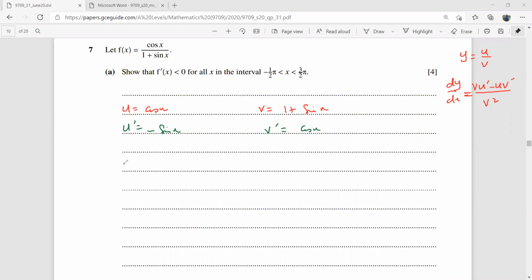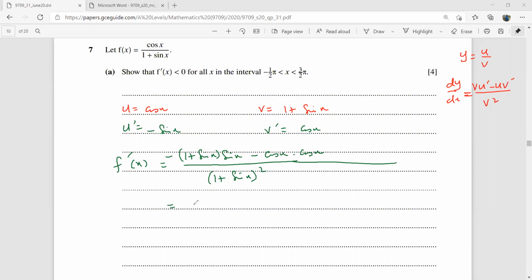Acha, so let's find f dash of x, that is v square here, that is 1 plus sine x whole square. Then you have v into u dash, that is going to be minus sine x, minus u as it is into v dash, that is going to be cos x.